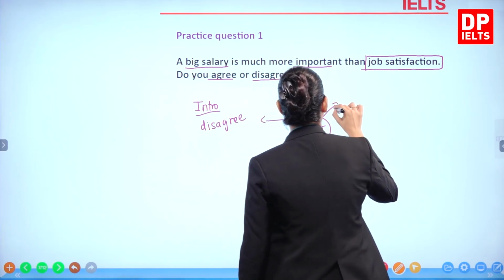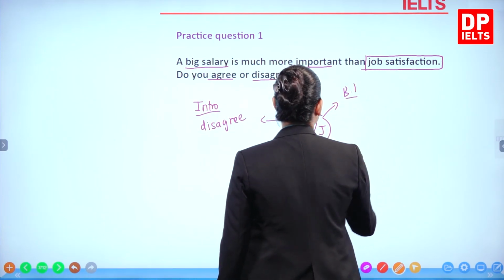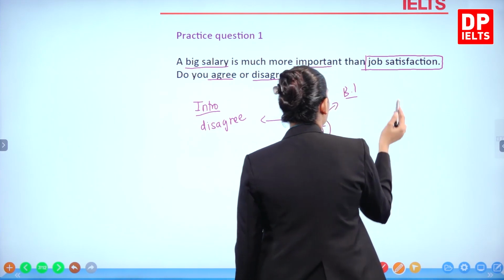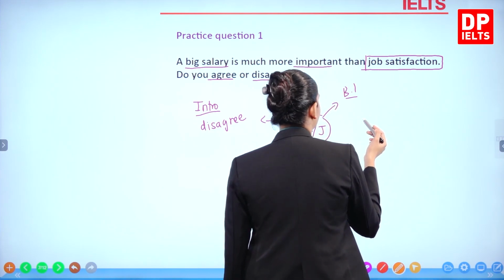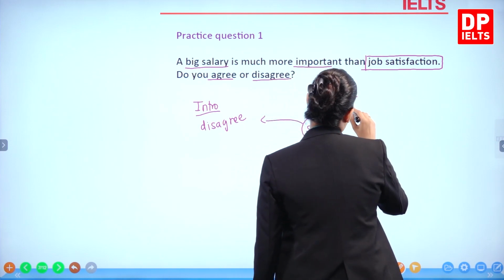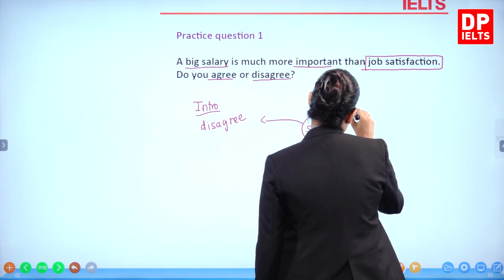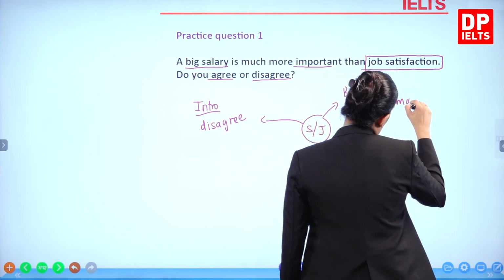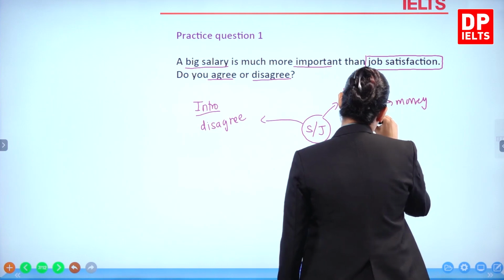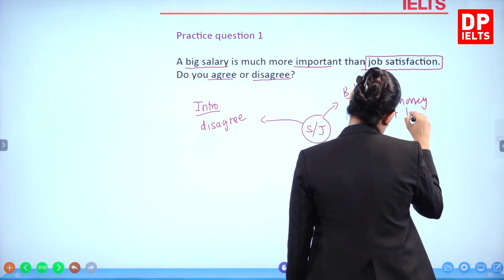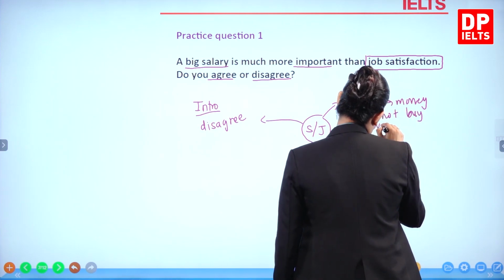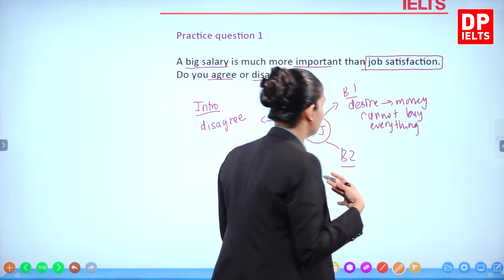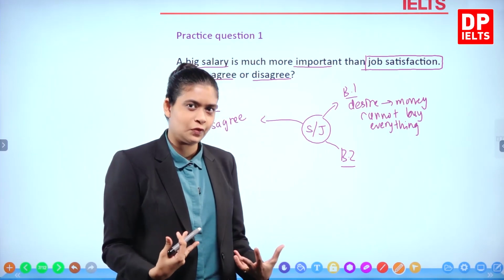So why do I think like that? One reason is that you cannot buy happiness, it's a desire, fulfillment, because money cannot buy everything. So I think it's that fulfillment, accomplishment feeling that you've got.